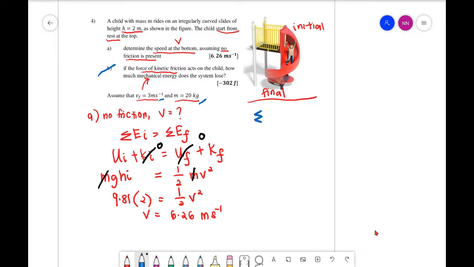Total energy initial plus energy loss equals total energy final. So energy loss adalah disebabkan oleh friction, due to friction.